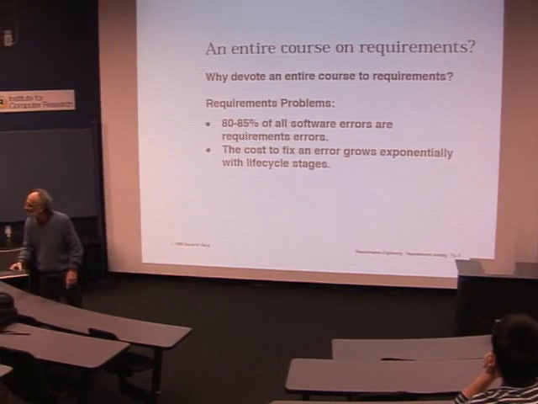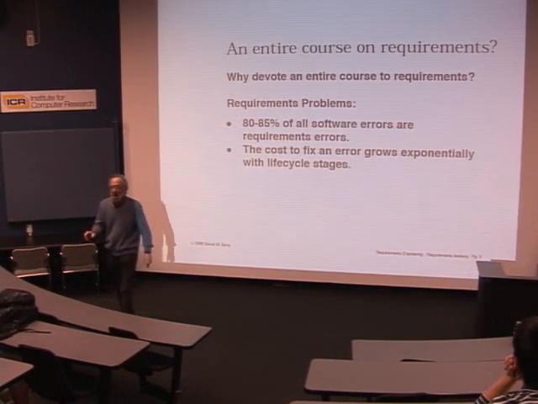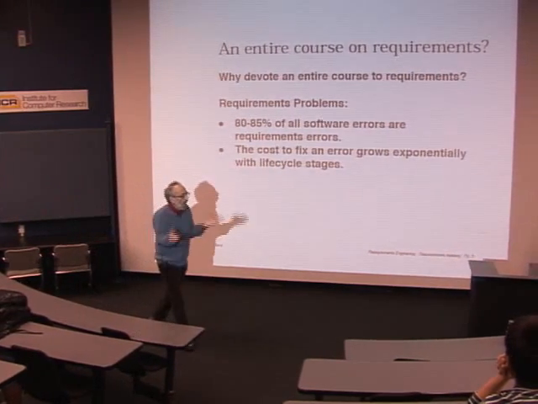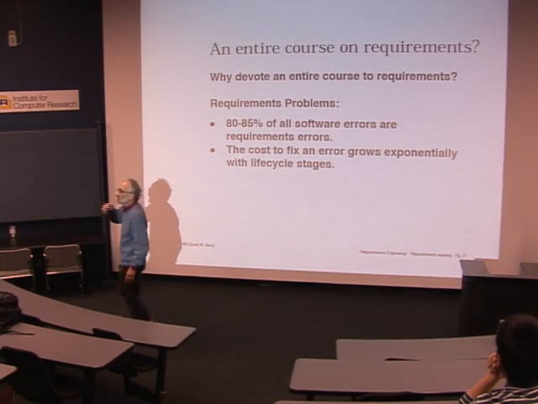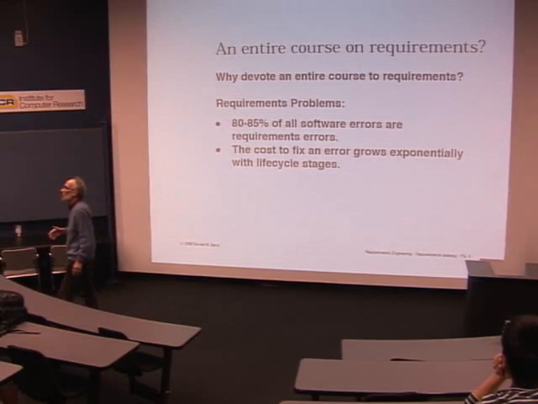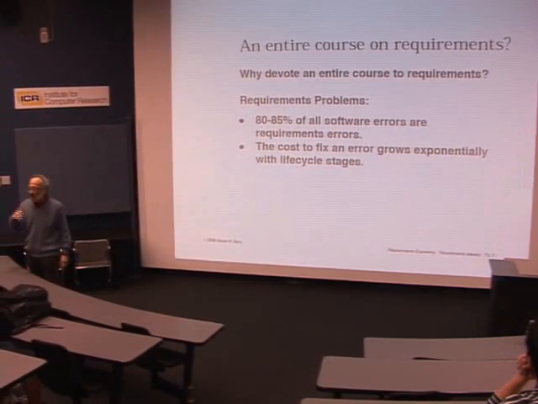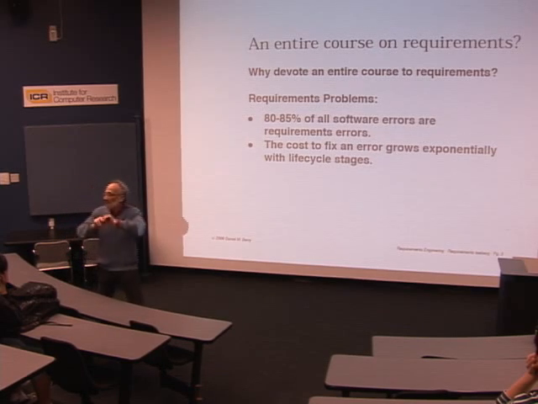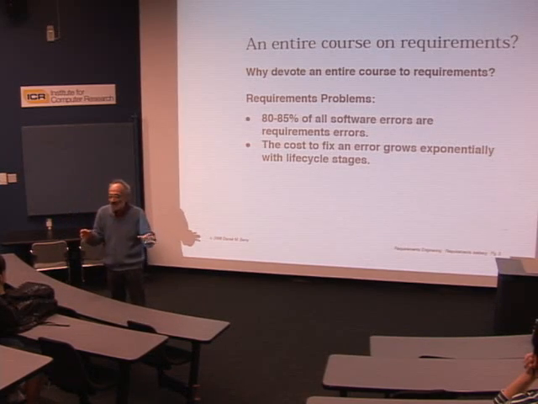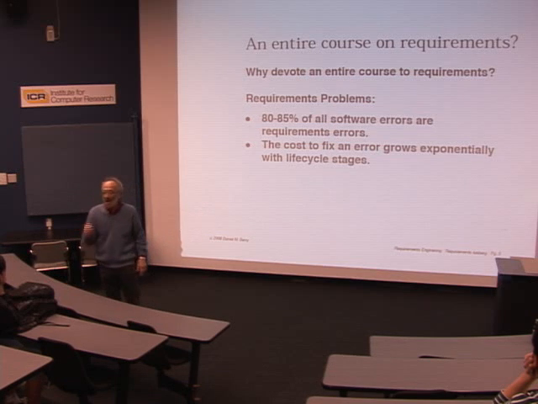So if you can fix it when you're writing the requirement, it might cost maybe a couple minutes. By the time you wait until the software has been delivered, you're talking about hours and hours, maybe weeks, to fix the same problem because of all the other artifacts that are now connected to that requirement.